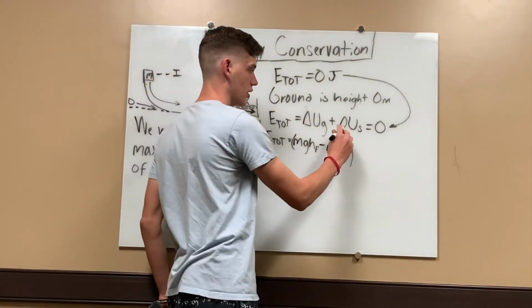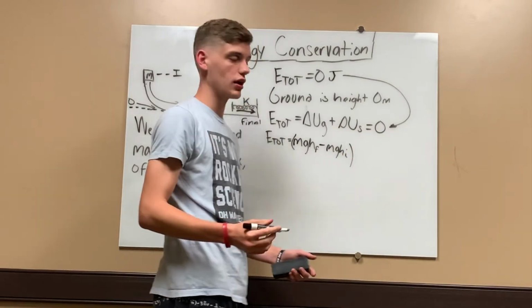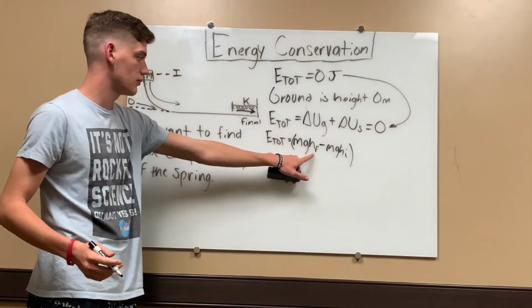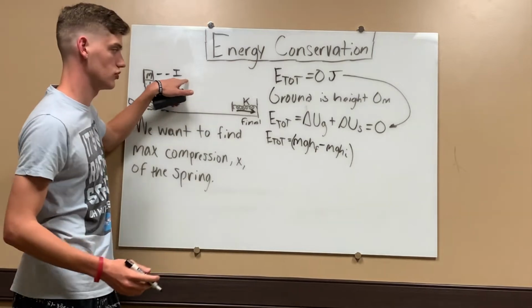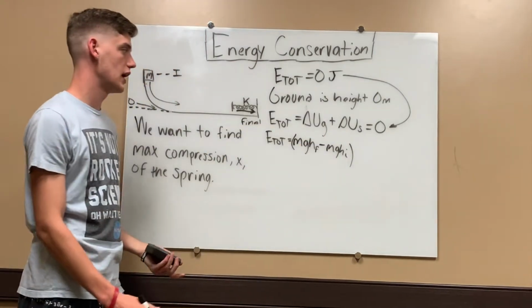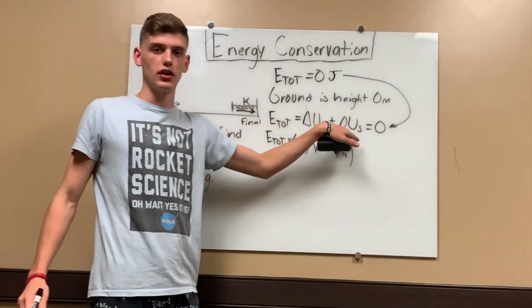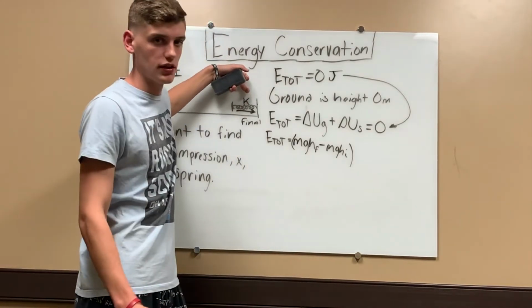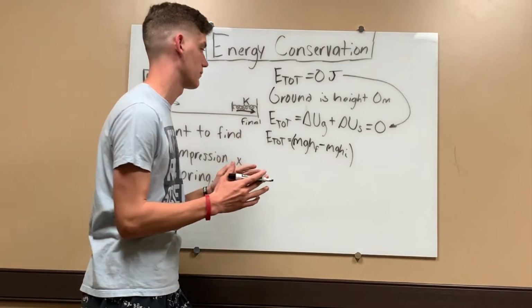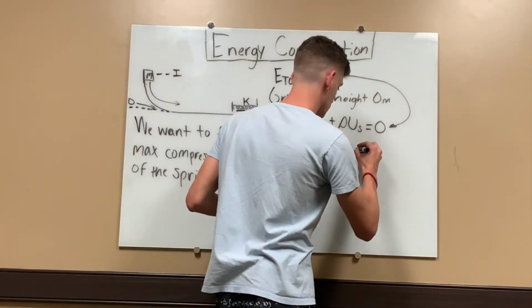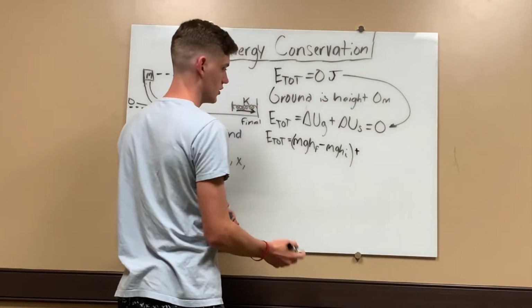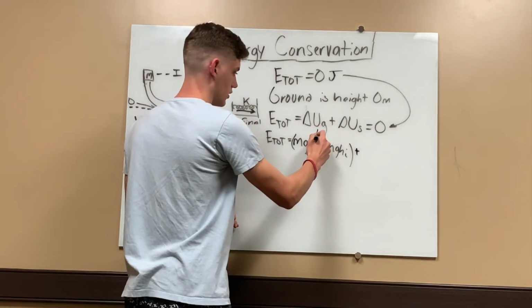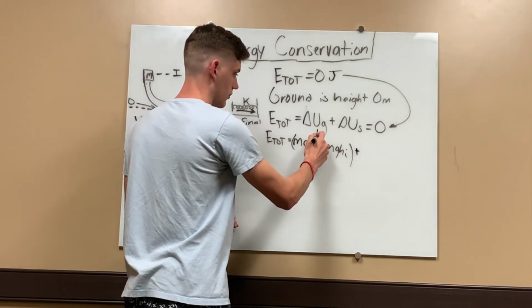Now we have to worry about the potential energy of the spring. I'm going to do the same exact thing because I have to look at the final and initial situations, except for the spring now. And we know that the potential energy of the spring is just 1/2 kx squared, where k is the spring constant and x is the compression of the spring. So we have this plus here, and this is what our gravitational became.